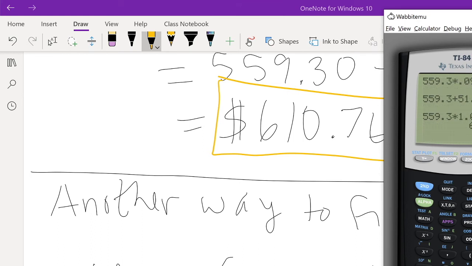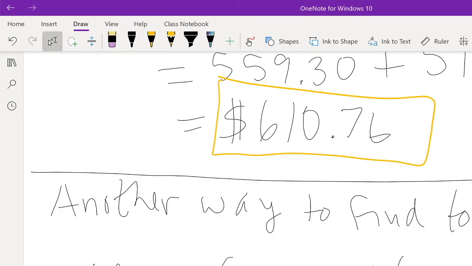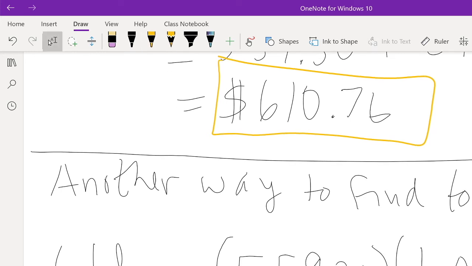We get the same result, $610 and 76 cents. Same as above. In this case, we got to our result in one calculation instead of taking two calculations to get there. So that is an example of a percent problem.